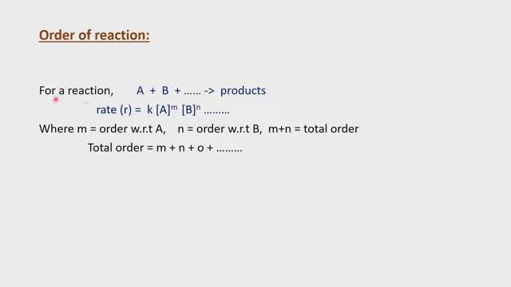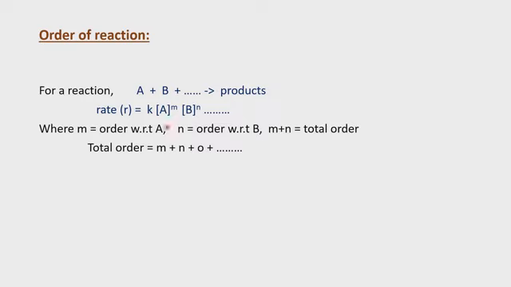For a reaction A plus B plus C plus D and so on, gives rise to the products, the rate equation can be written as rate equal to k into [A]^m [B]^n, like this it goes on. If you want to put p, you can put p also, here q, whatever it may be.